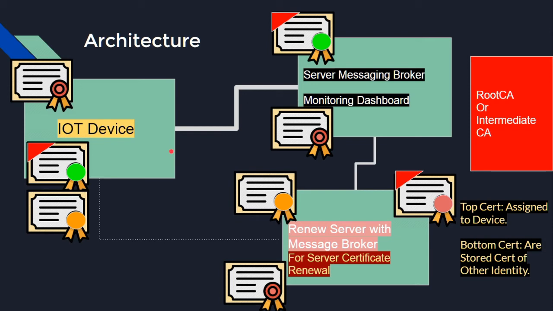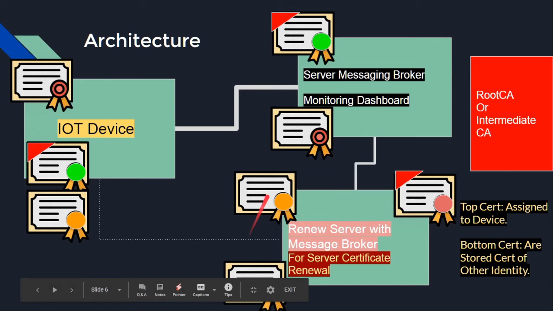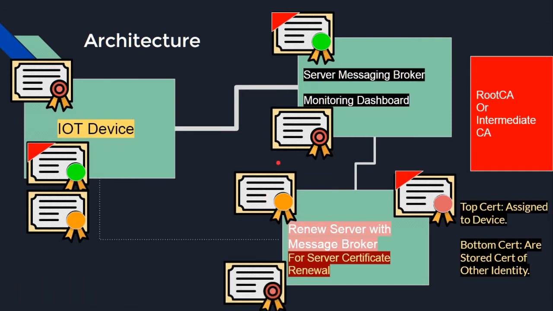And how do I make sure that these two certificates remain up to date? Via these self-signed certificates. I'm assuming that in my architecture all the self-signed certificates are not bound to expiry. They will be renewed over a period of time, but they won't be bound to expiry.